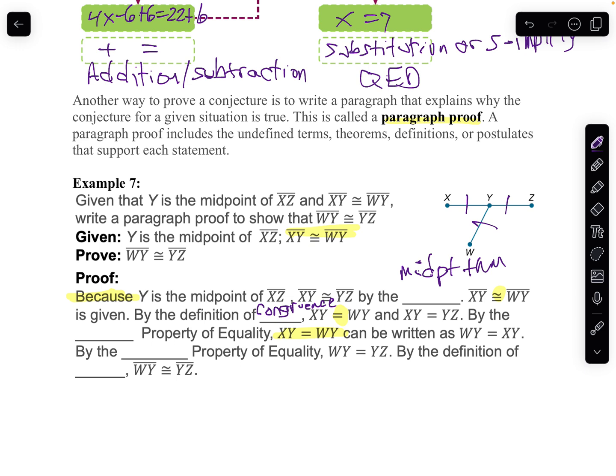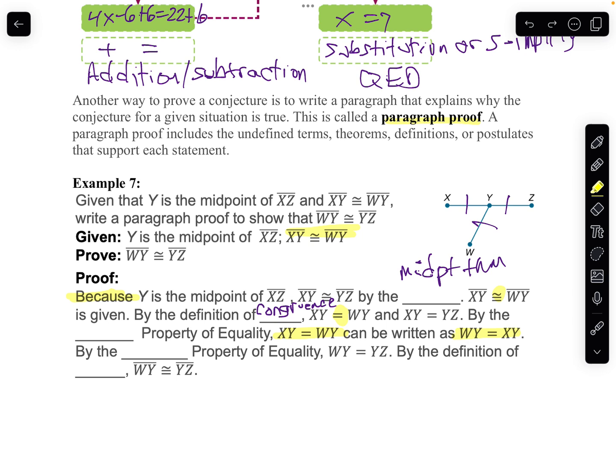So what I'm going to do there is, back it up, I've got xy equals wy, don't I? I don't know why they put that in. Sometimes it's tough to read other people's minds. I've got to finish it up. I can rewrite that as wy equals xy over here. Whoops.